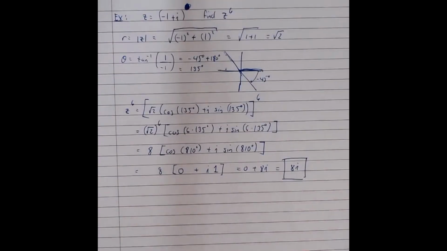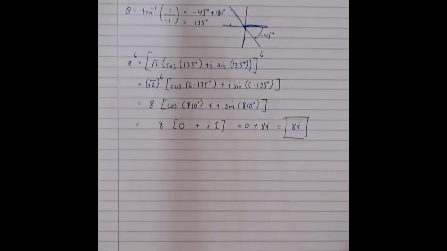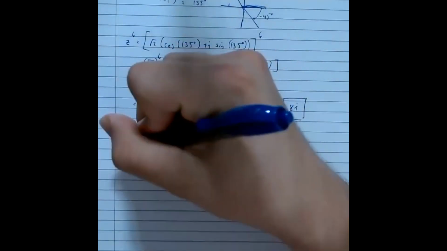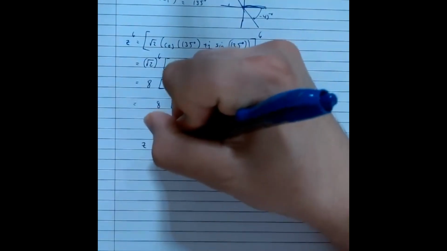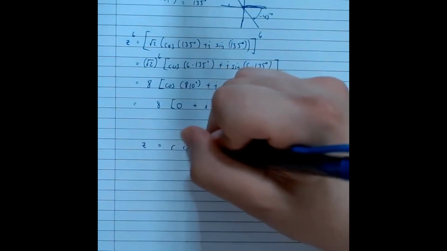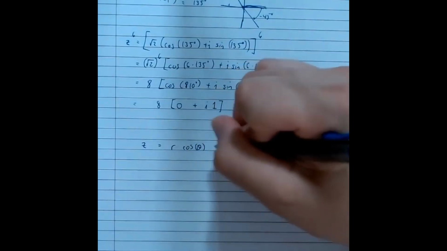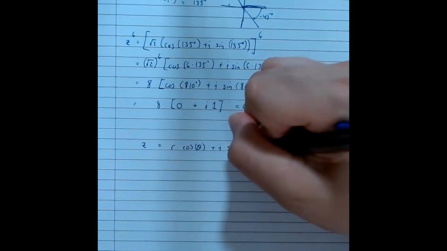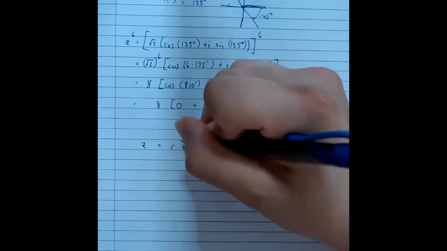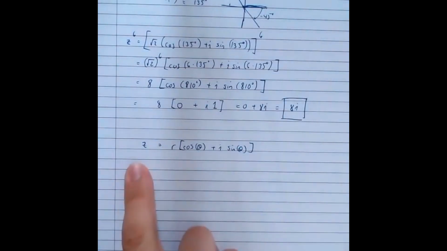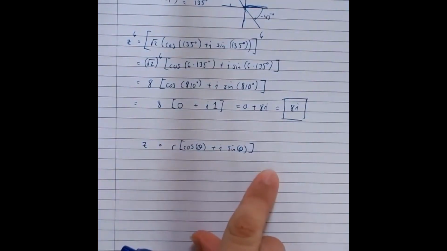Okay, so now let's assume that we have z equal to r cosine of theta plus i sine of theta. Okay, so let's start off with a complex number in its polar form.